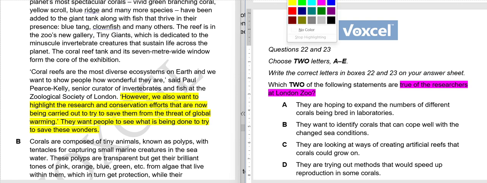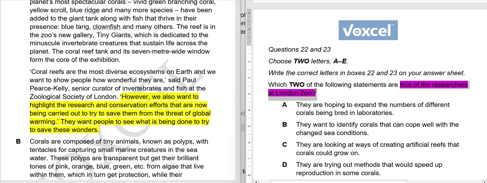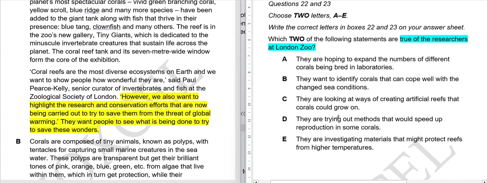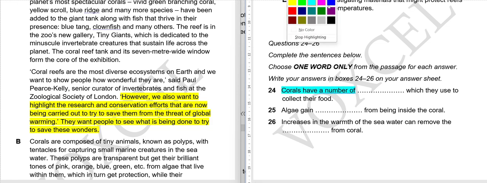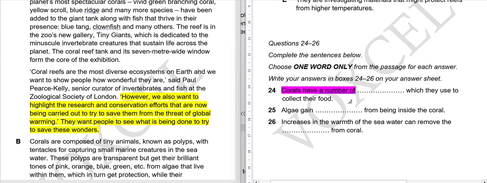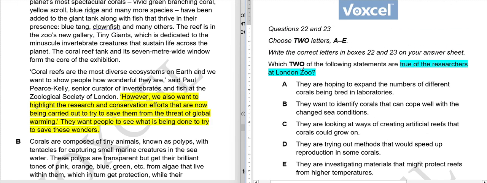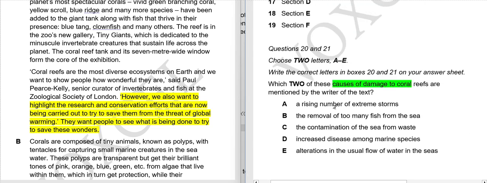Let me change the color because I will need blue also. There is no mention of that either. And if I talk about this, we haven't found that the corals have a number of something. So we have to write one word only for this. I hope it is clear.